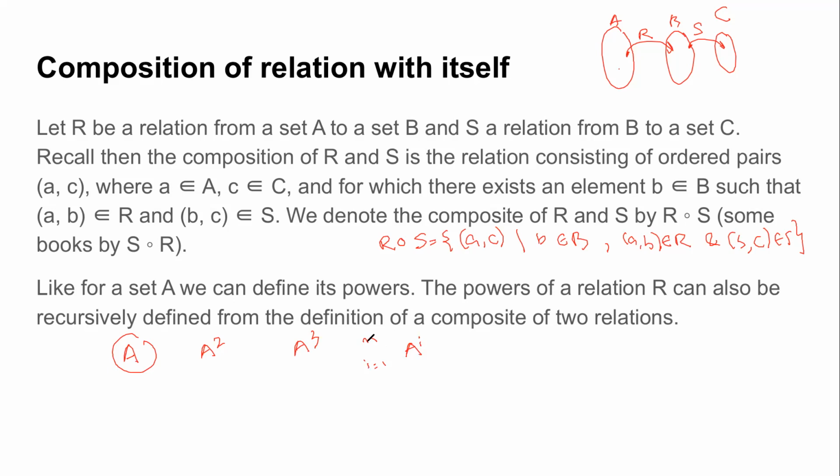Yes, class, how do I compute powers of a set? This is not a relation, it's a set. Very good, it is the Cartesian product, right? Like A square is A cross A, A cube is A cross A cross A, and so on. In general, you can have a product of A i times.